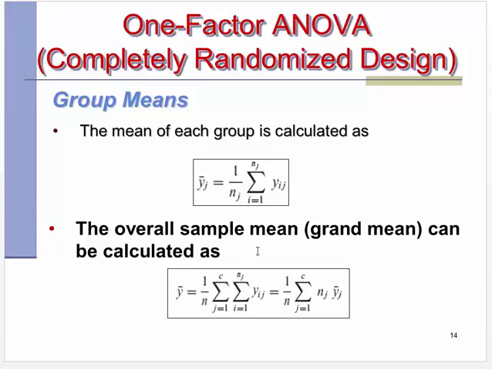And then what is the overall sample mean? The grand mean can be expressed as the sum of all the group means over the total of all the treatment categories.